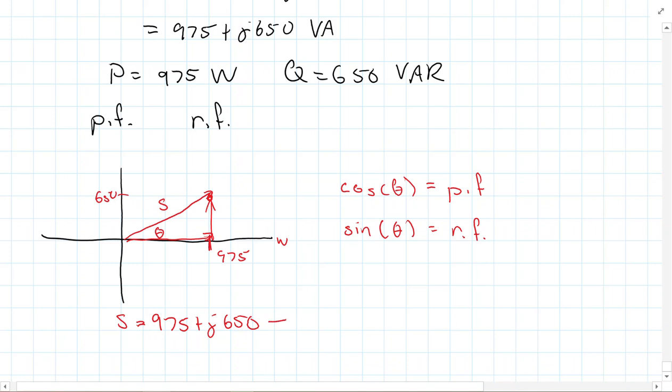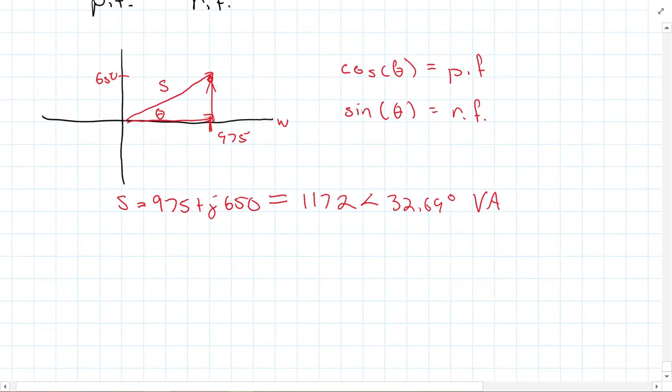And if we put this in polar format, we get 1172 at an angle of 32.69 degrees volt amp.